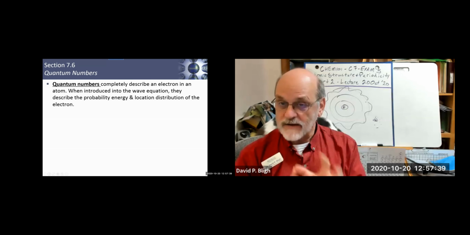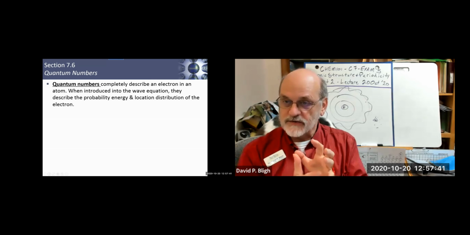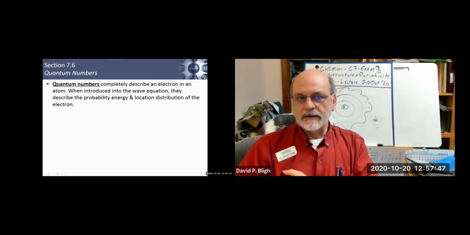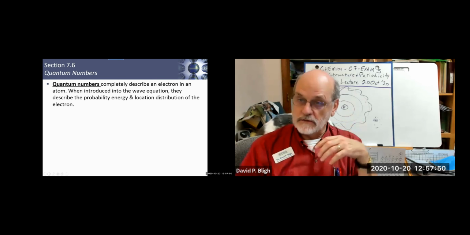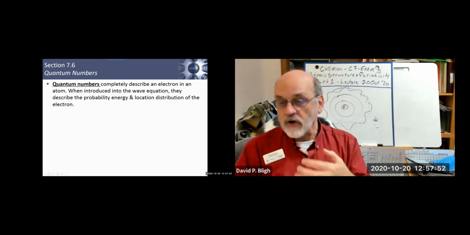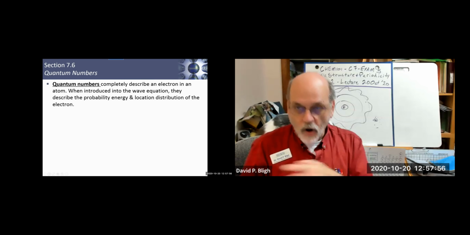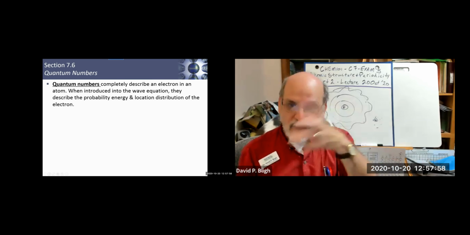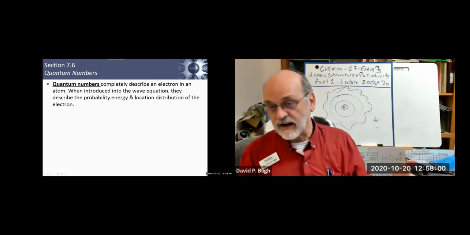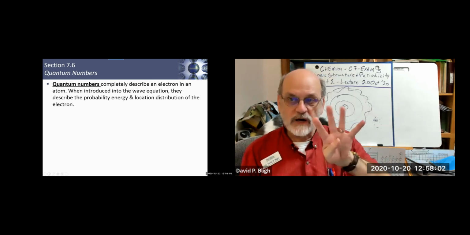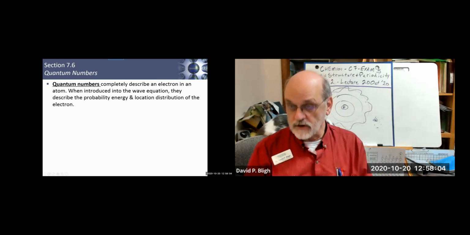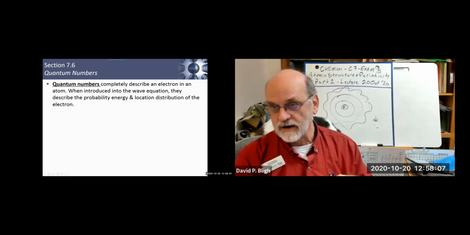They fit into the wave equation, and once the equation is resolved, then it produces that density map, that distribution. But in order to describe the electronic configuration of all the electrons surrounding an atom of any given element, we need to know those four numbers. Okay, so now we're gonna define what those numbers are.